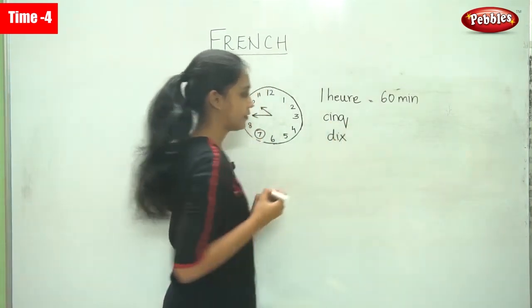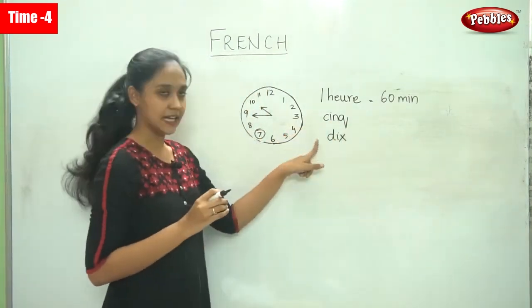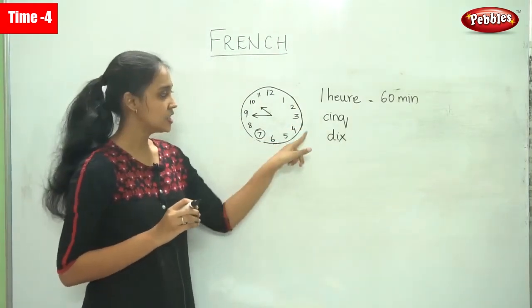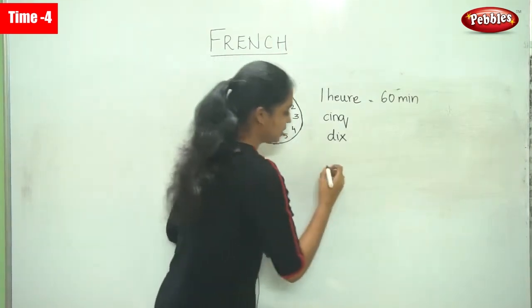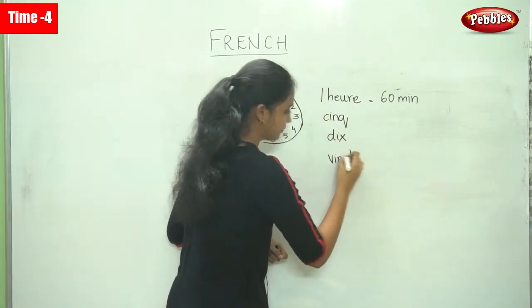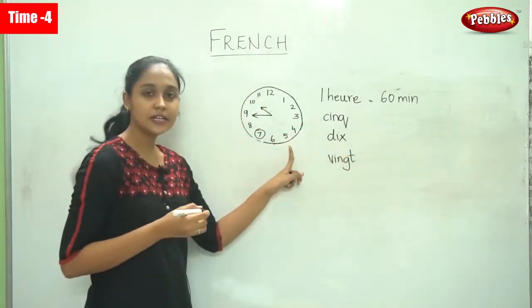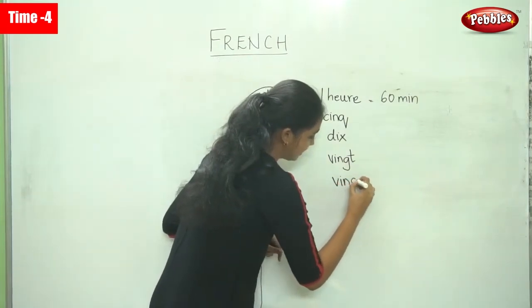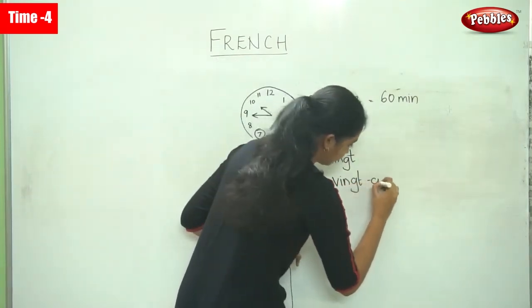On 3, 15, you use quart. The next one is 20. The next one is 25.